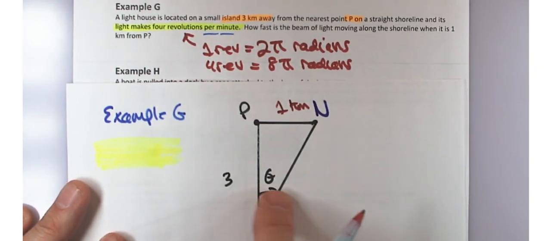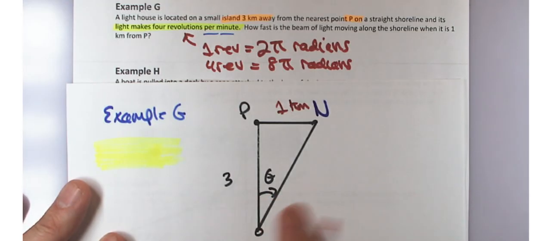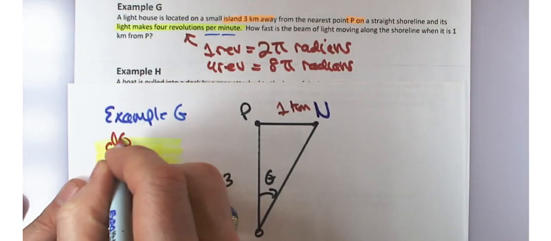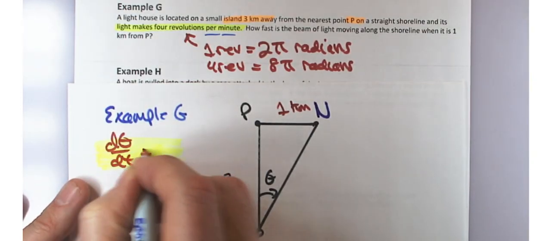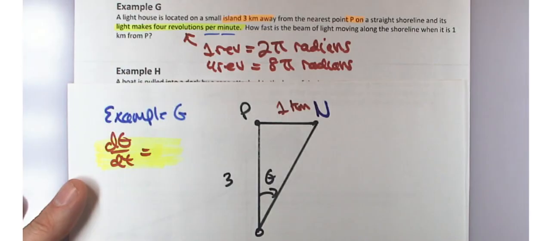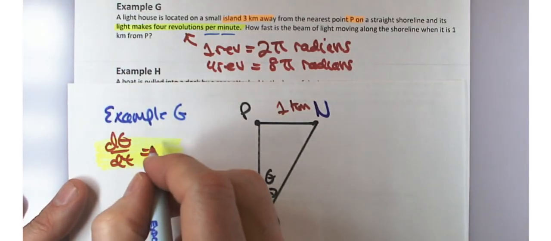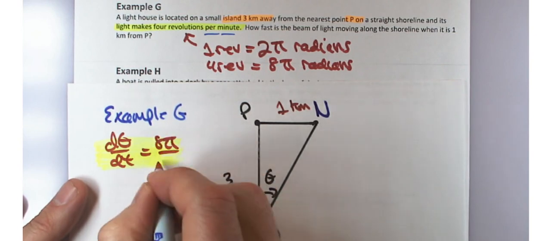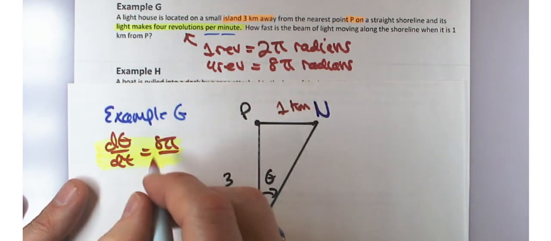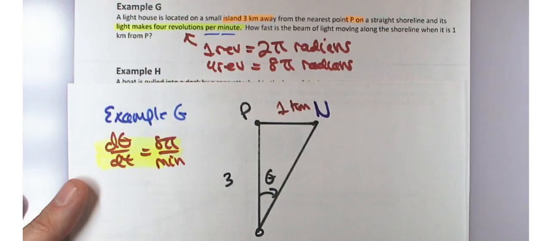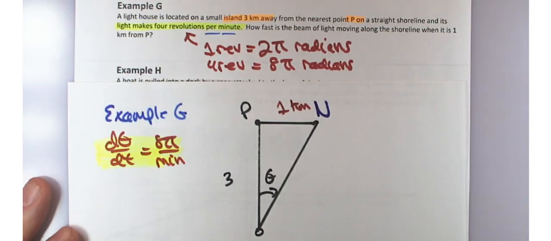Well, it's the rate at which the angle is changing. So how should I write that here? d theta by dt. That's what I was looking for. d theta by dt is 8 pi radians per minute. Okay. Nice.